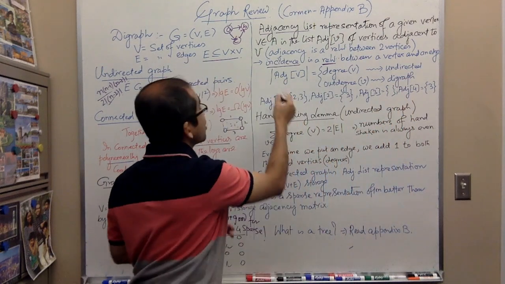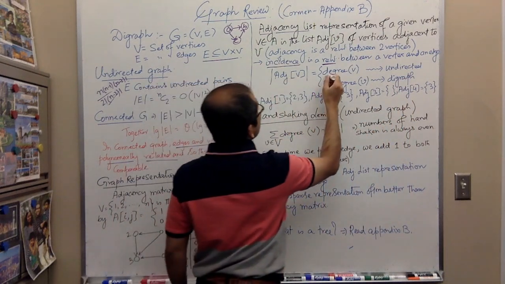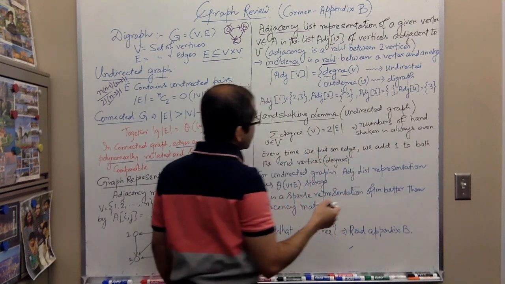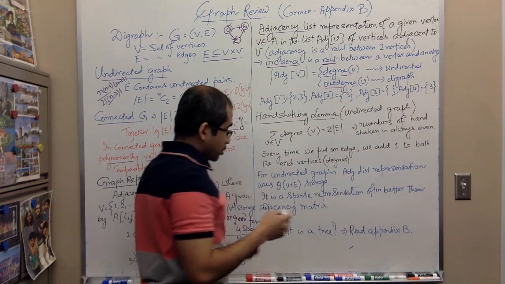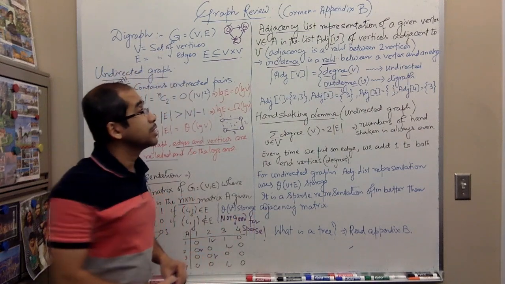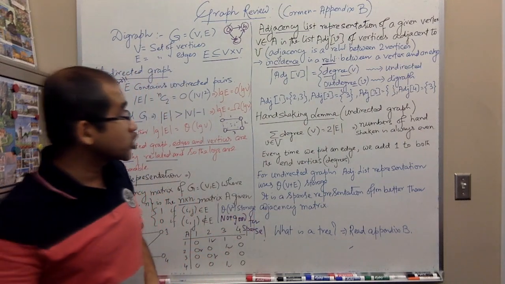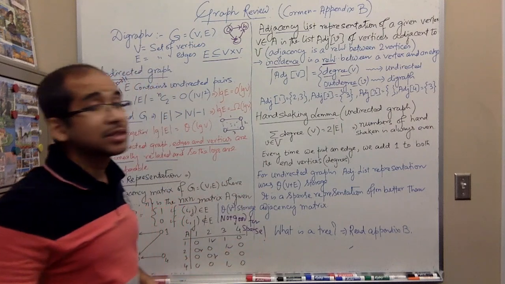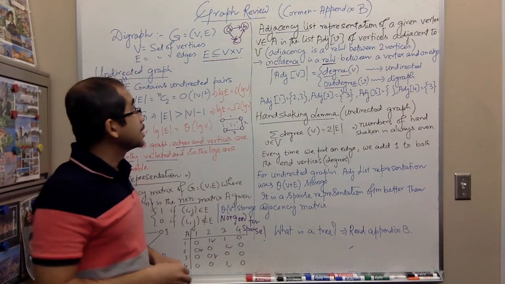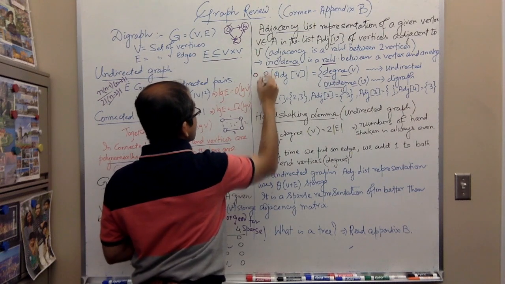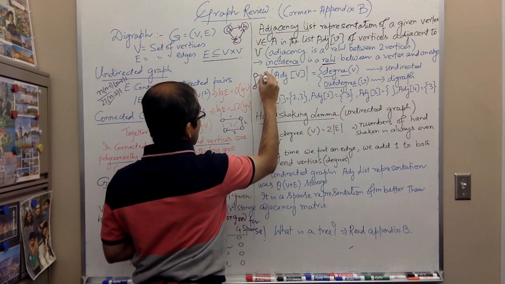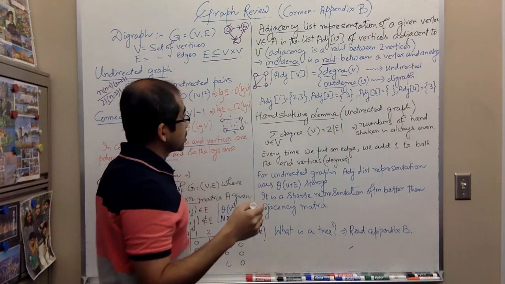So the adjacency of a vertex V is the degree of V for an undirected graph, and just the out degree of V for a directed graph. What is a degree and what is an out degree? Degree is the number of edges incident on a vertex. Suppose this is an undirected graph.